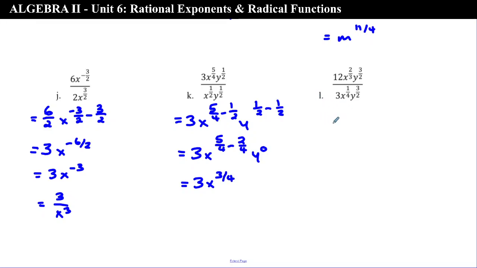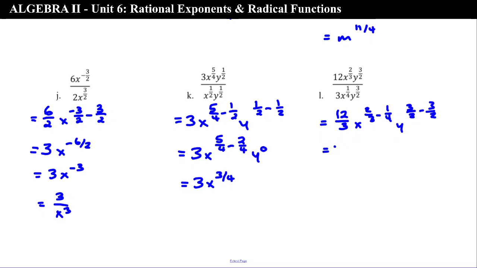And then finally for L, we have 12 divided by 3, x to the 2/3 minus 1/4, and that's a 1. Let me clean that up for you. So that is a 1. And then y to the 3/2 minus 3/2.